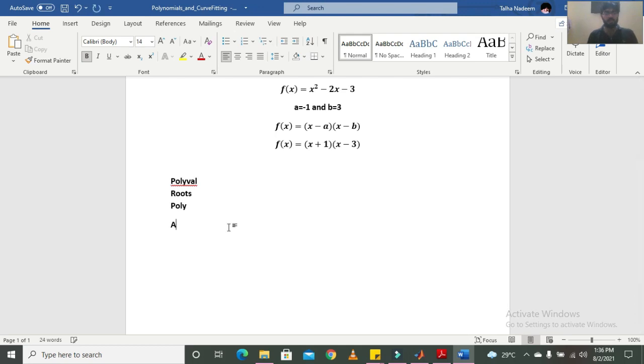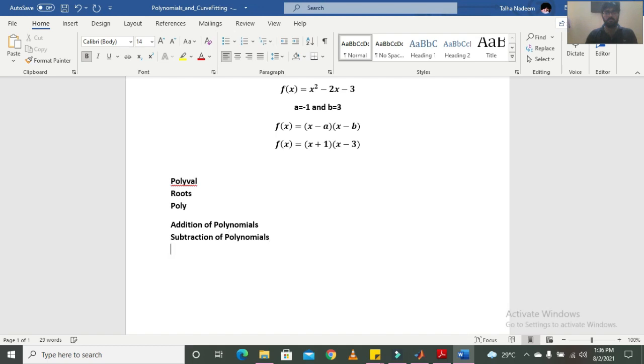So we have studied the addition of polynomials, we have also studied subtraction of polynomials as well.